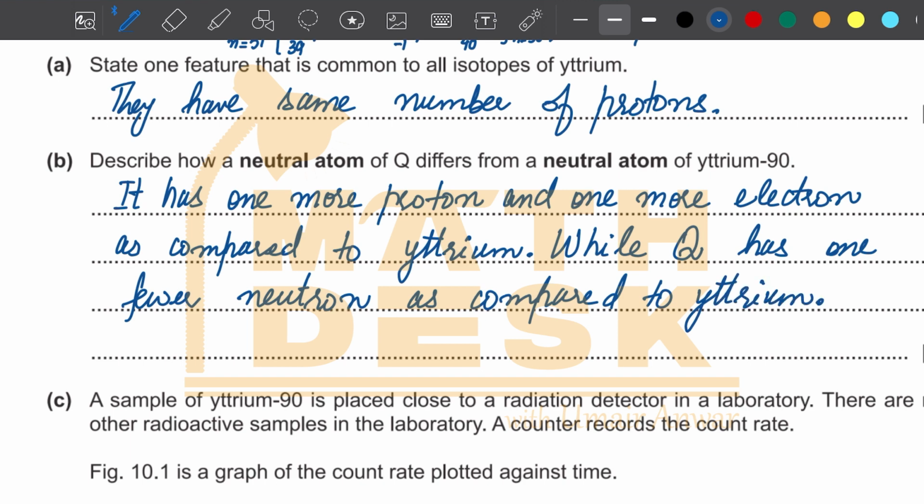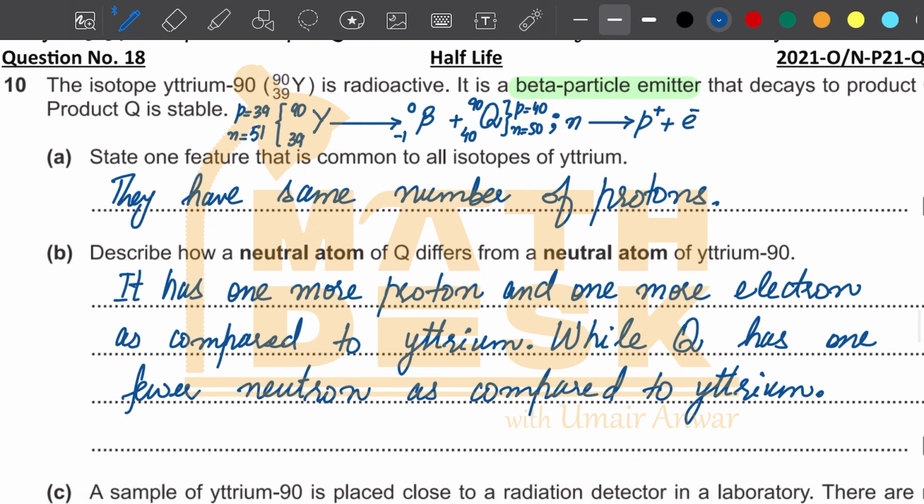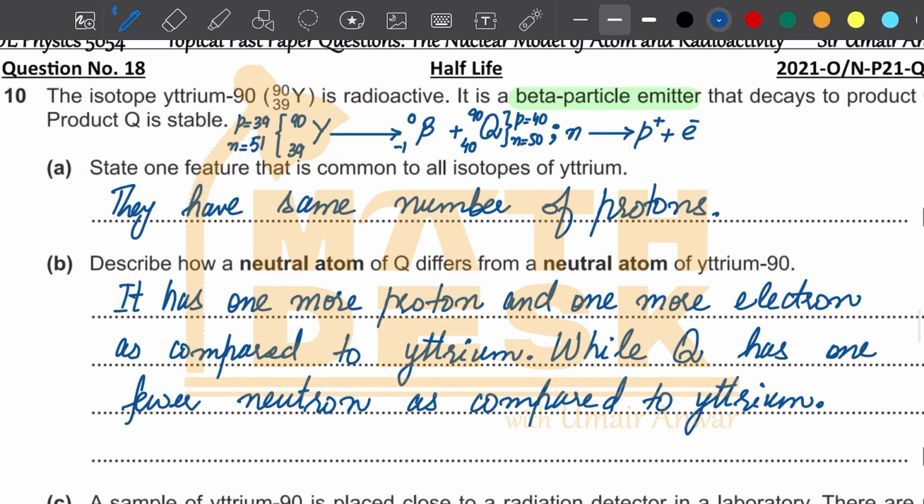So the number of protons for Q is 40, one greater than yttrium, and the number of neutrons is 50, one fewer than yttrium.